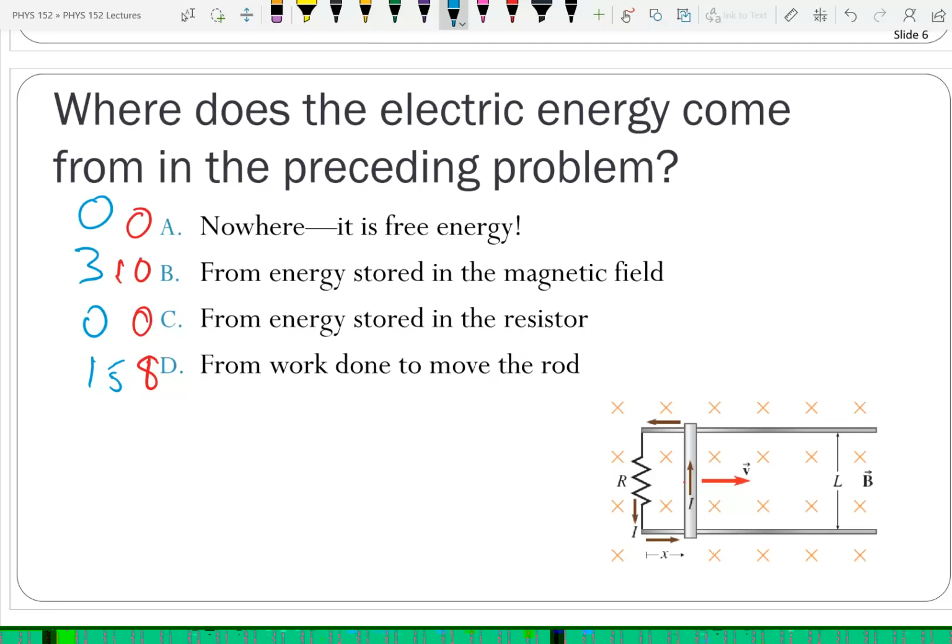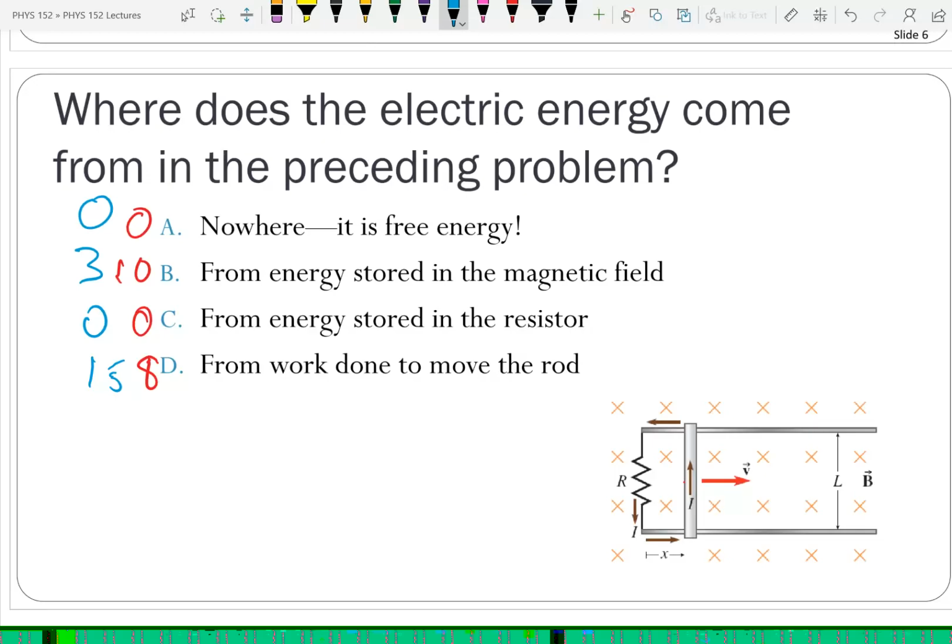You don't have any energy produced if you don't have a magnetic field, and so the magnetic field has to be part of it. The one I prefer is the one you shifted to, that you did the work by moving the rod, and the work done to move the rod is extracted as the energy in that charge. But you don't have that without the magnetic field.